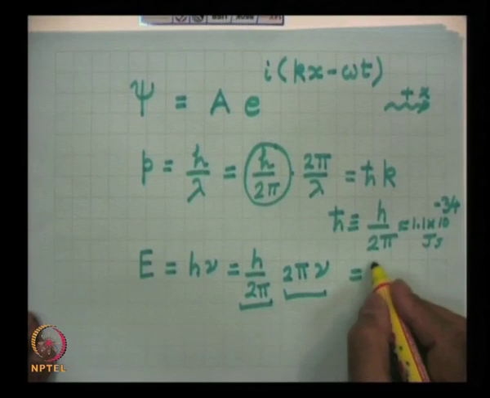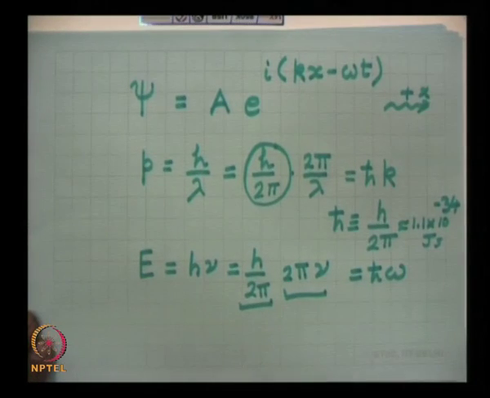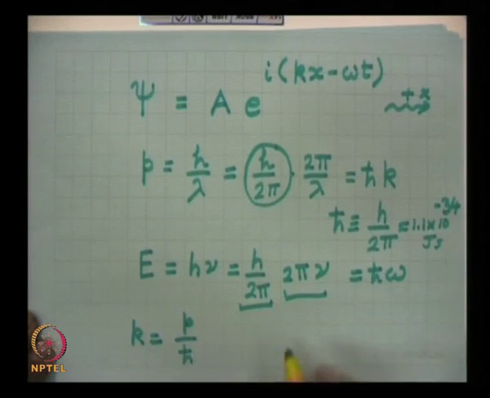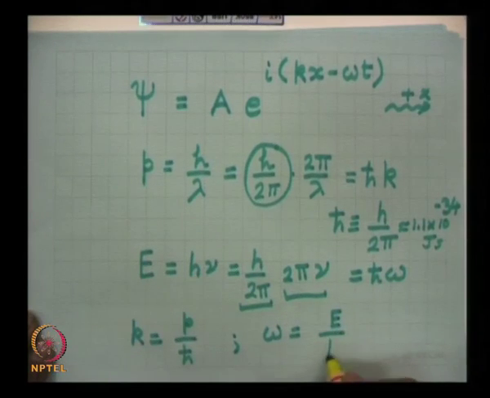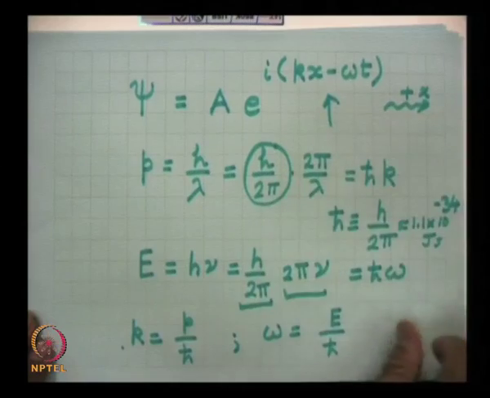So, this is h cross omega. So, I get k is equal to p by h cross and omega is equal to E by h cross. And I substitute this in this expression.